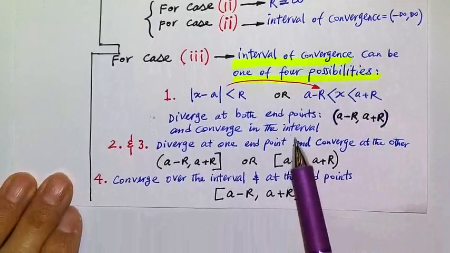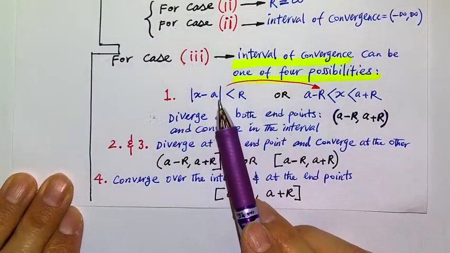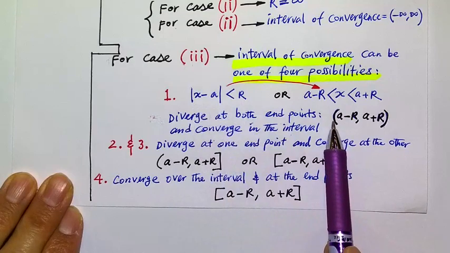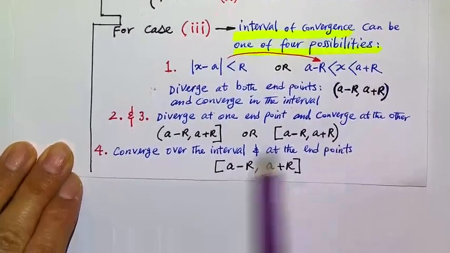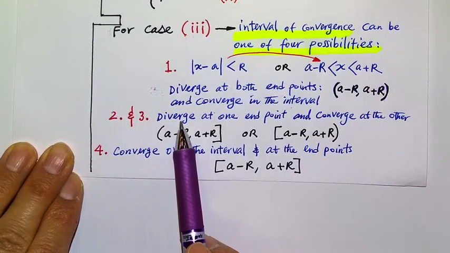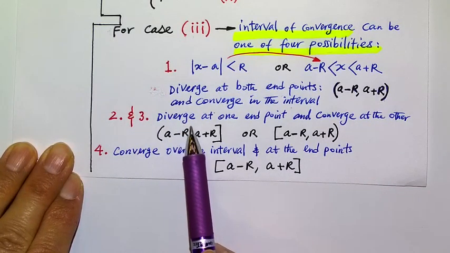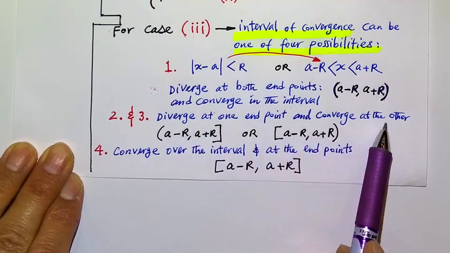And to investigate that, we will figure out, for one of the possibilities, that the interval of convergence is such that the series at the endpoints is divergent. For the second and third possibilities, the interval of convergence is such that the series diverges at one endpoint and converges at the other.